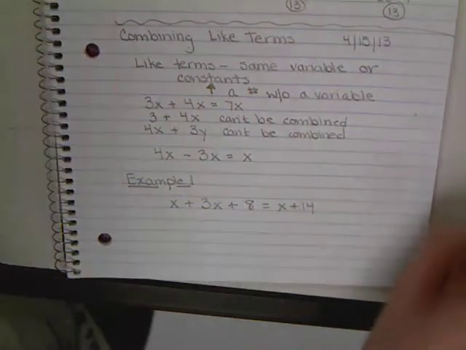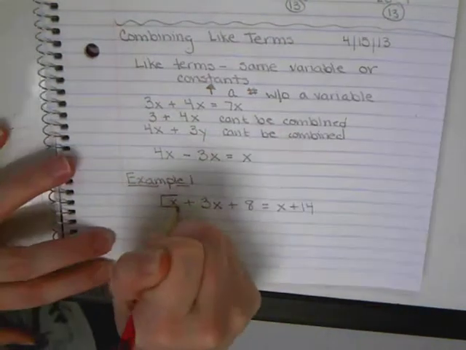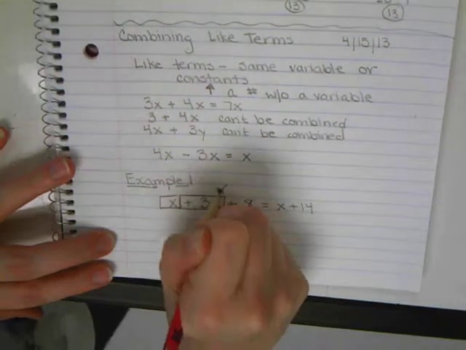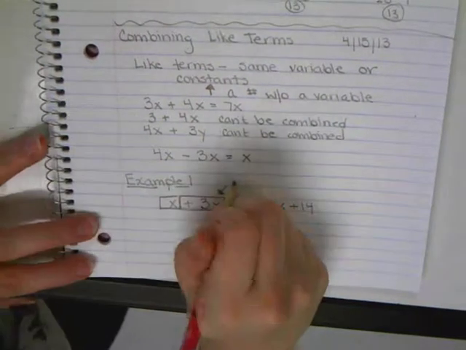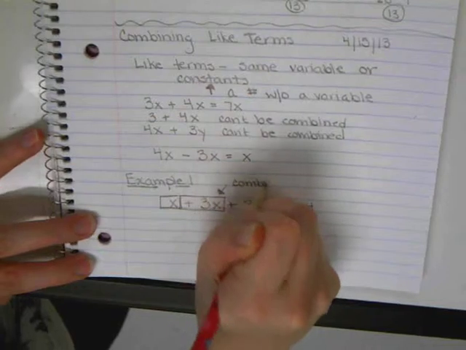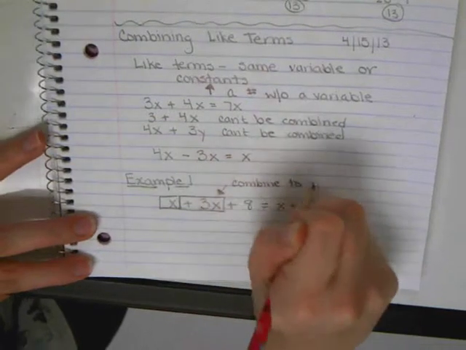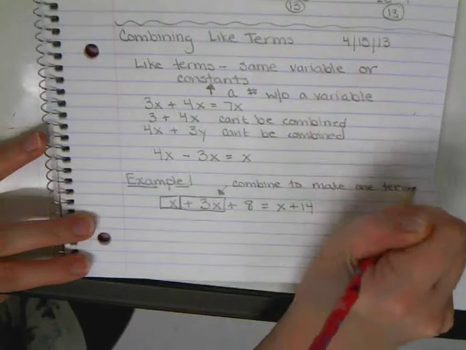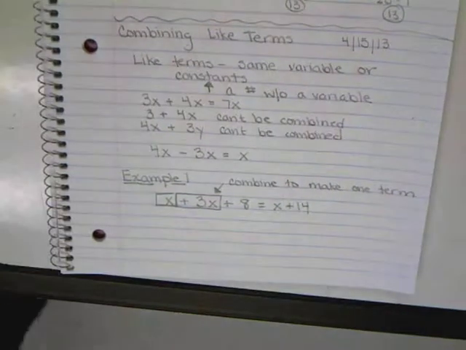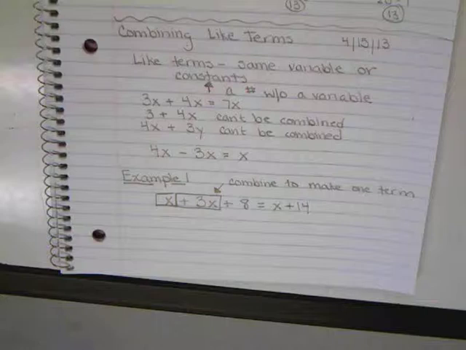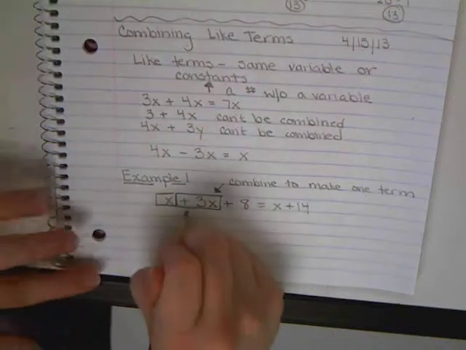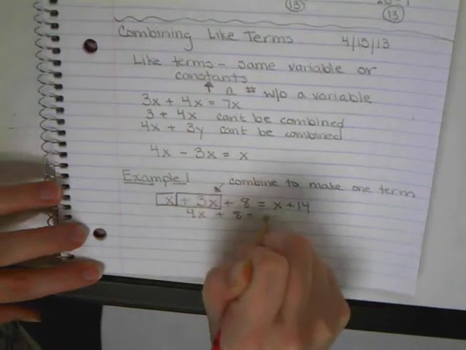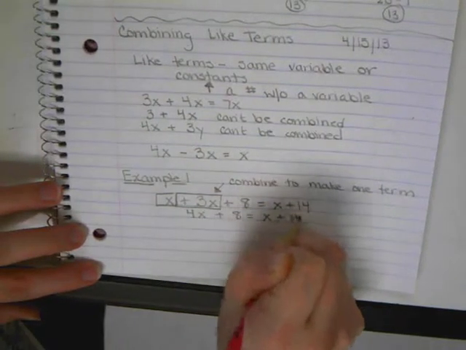There's really 4 x's. So I can combine them to make one term, and that one term becomes 4x. So I'm going to rewrite 4x plus 8 equals x plus 14.